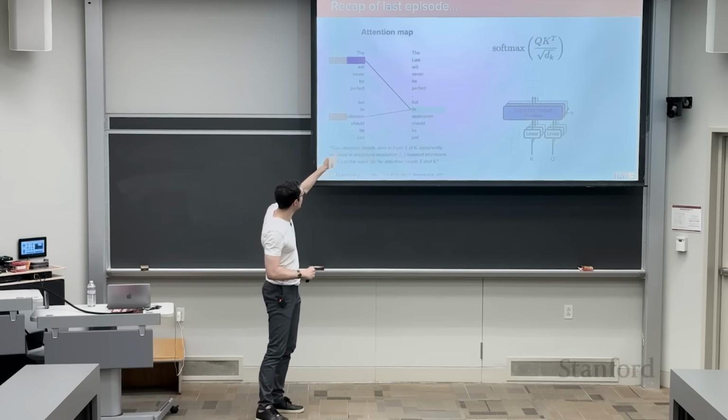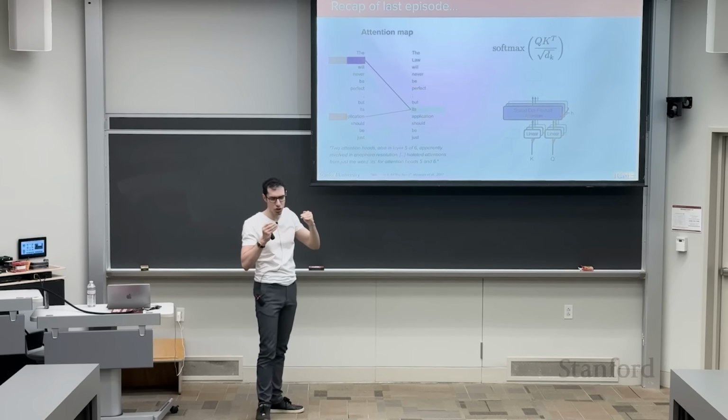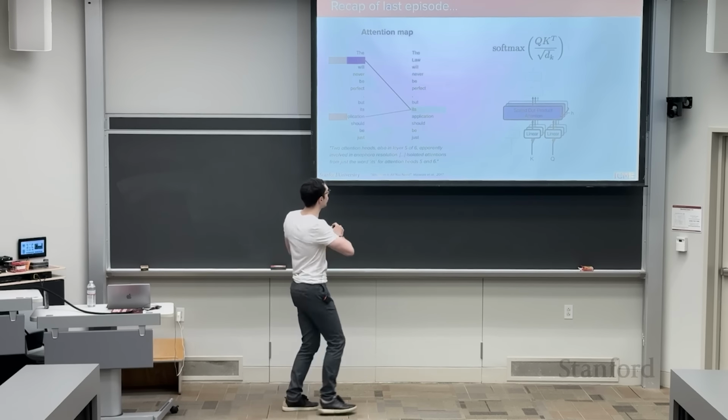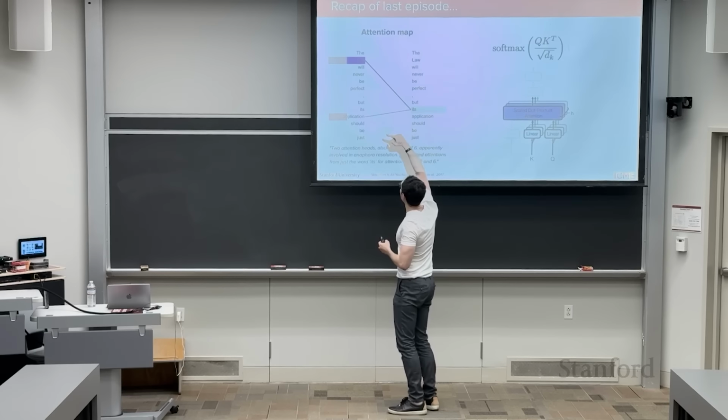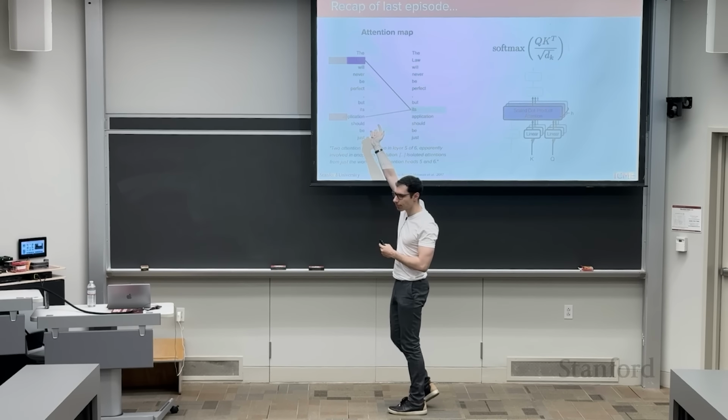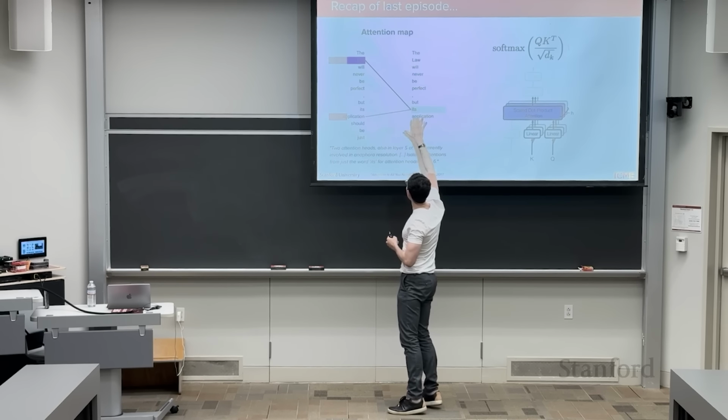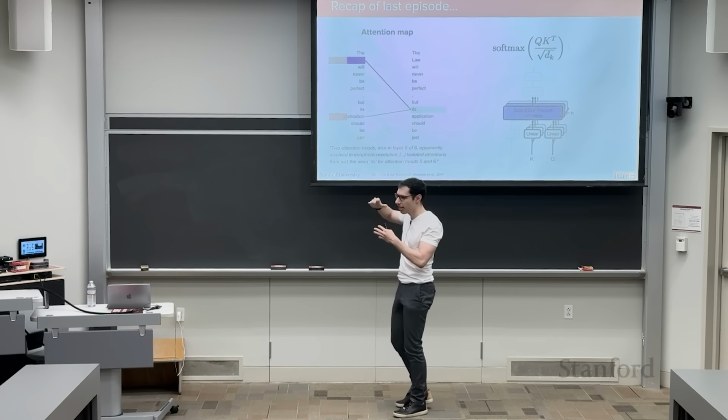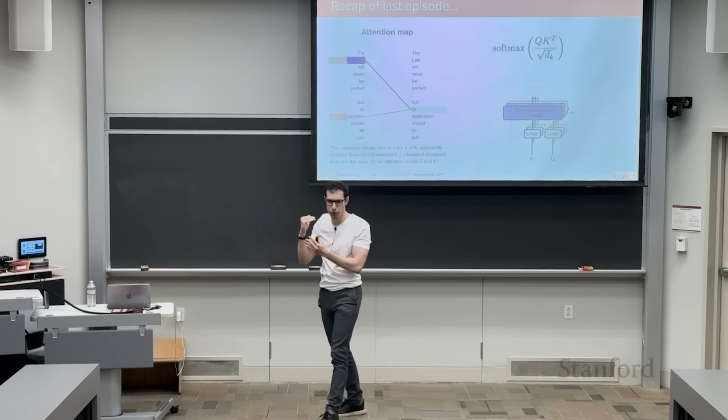Here you can see that the tokens being highlighted are "law" and "application", which makes sense because the token "its" is referring to "law". So the model needs to learn how to associate these words with what happened before.